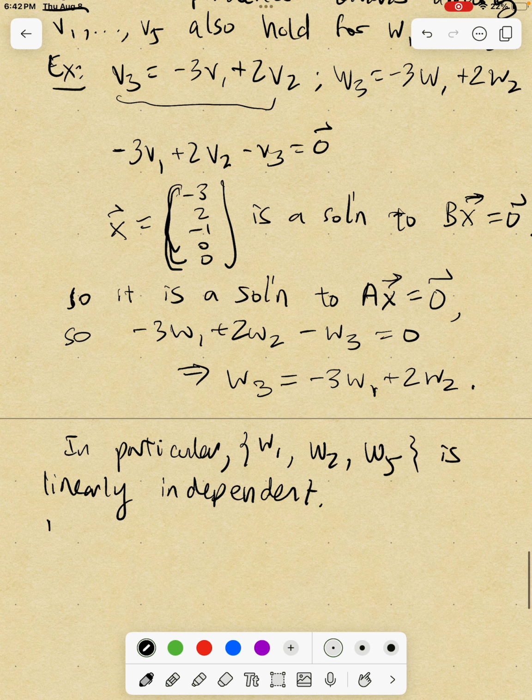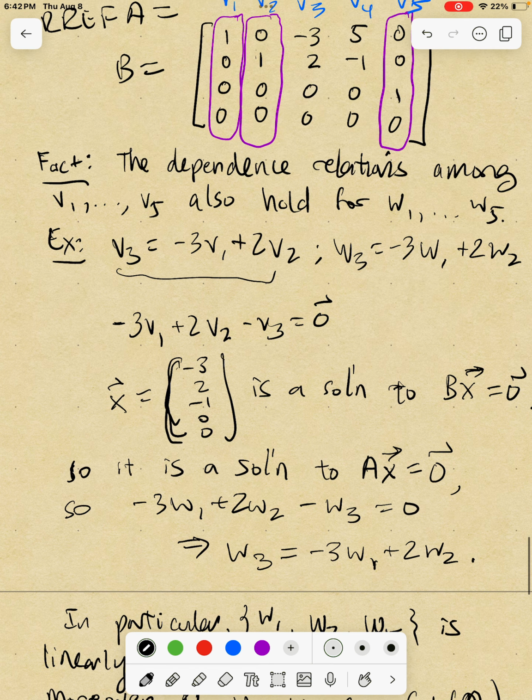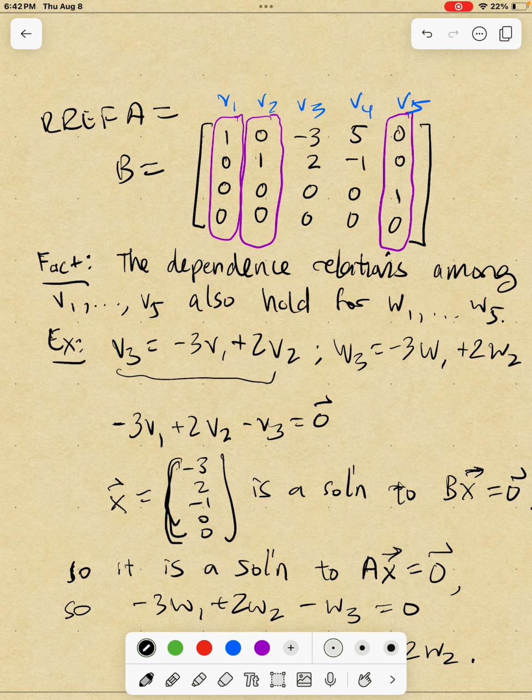And moreover, these vectors W1, W2, and W5 span the column space of A, because we saw that V3 is a linear combination of V1 and V2, and V4 is a linear combination of V1 and V2.